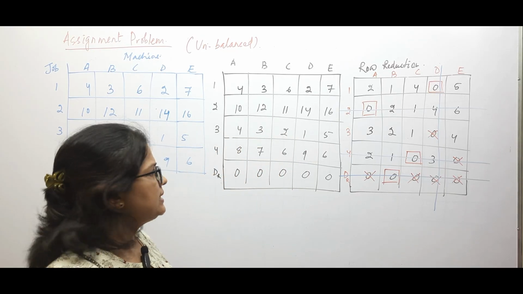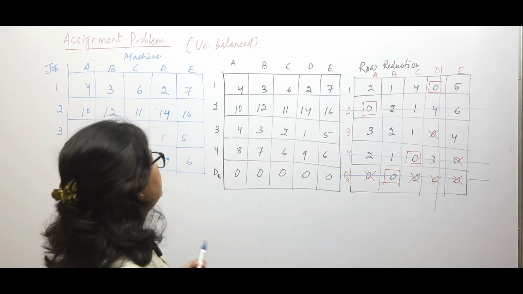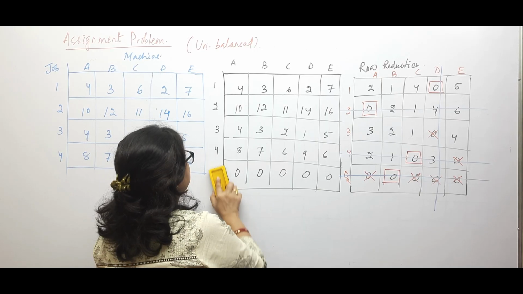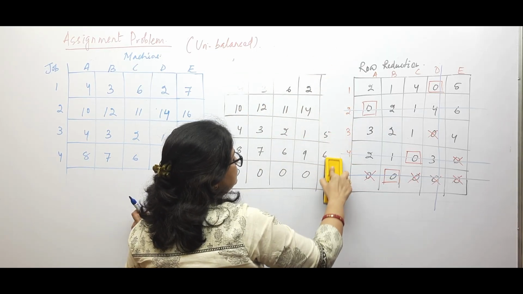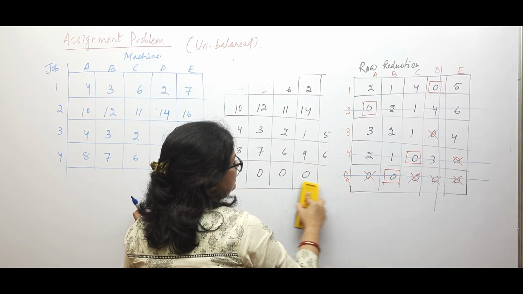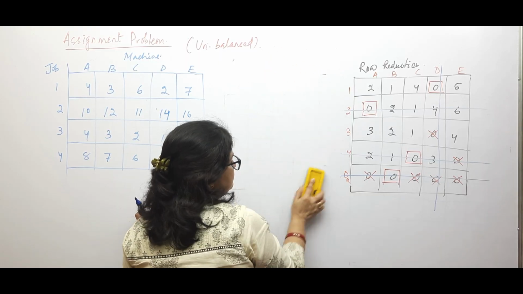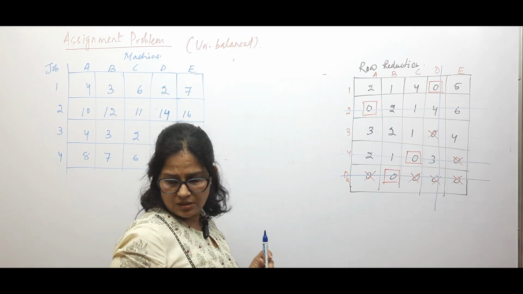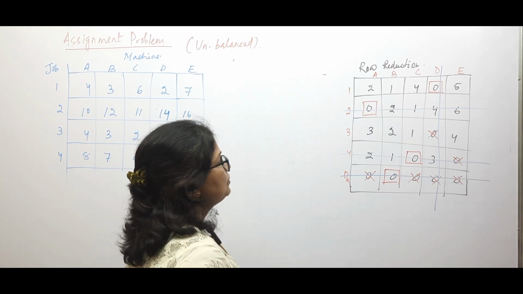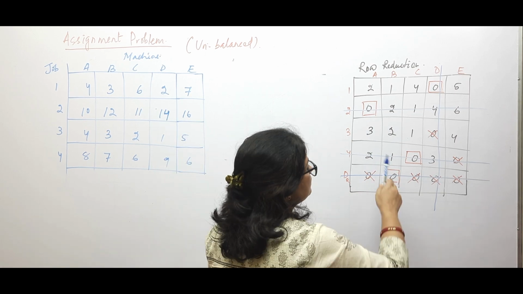What is our next step? Our next step is that, here I am going for erasing this one. Our next step is that we have to find the minimum or the least cost or the lowest cost for the uncovered area, for the uncovered cells.